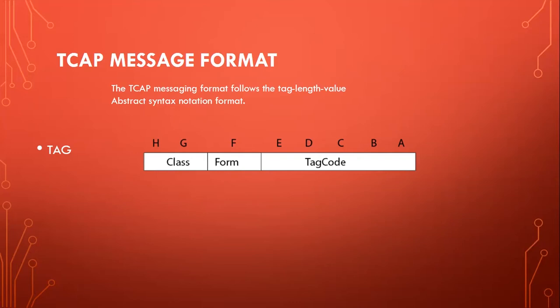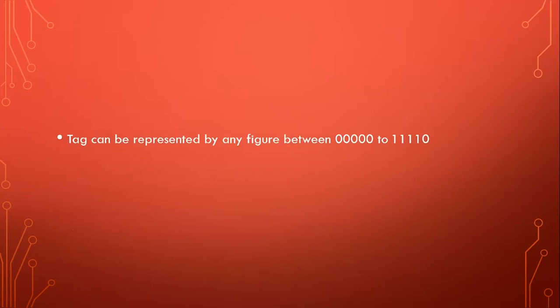But if the bit that is on this particular box of form is 0, that means this tag is a primitive information element. So a tag can be represented by any figure between 5 zeros or 4 zeros and 4 ones and 1 0.